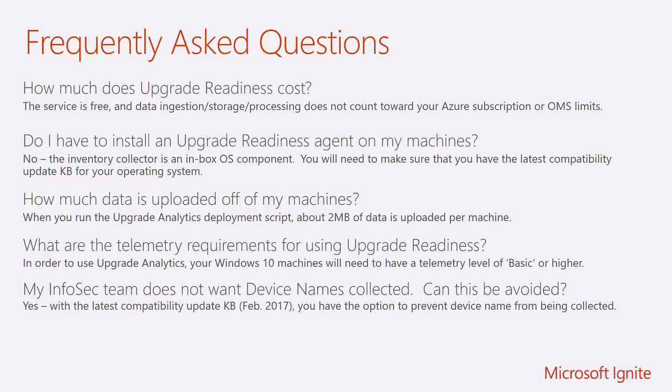We know that in a lot of organizations, you'll prefix the device name with a particular geography or a business group, and that's particularly useful with Upgrade Readiness because you're able to write custom queries that will give you groups based on those prefixes in the device name. But if that's something you don't want collected, starting this month with the latest compatibility update, KB, I believe it gets released this Tuesday, you will be able to opt out of device name collection. So we'll obfuscate that, and you'll basically just get blanks where the device name would go.